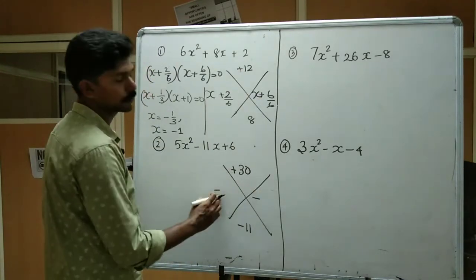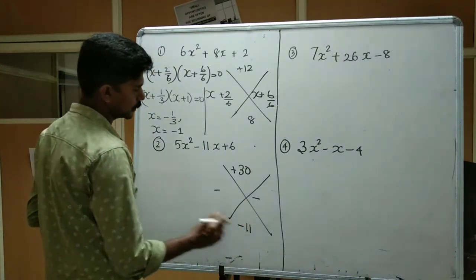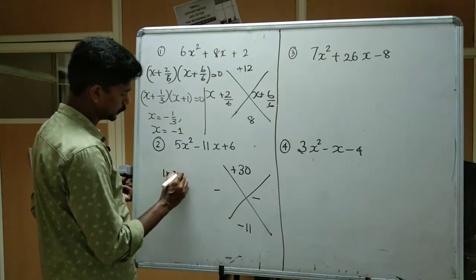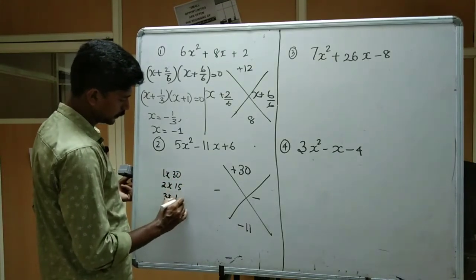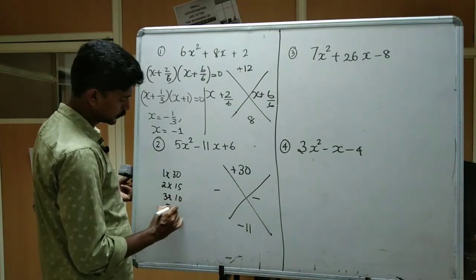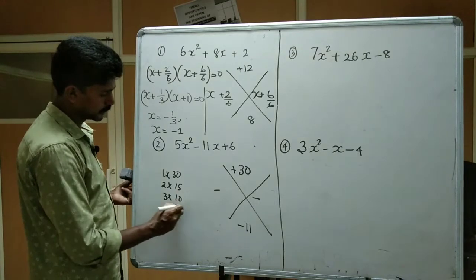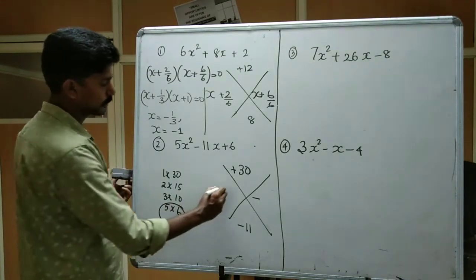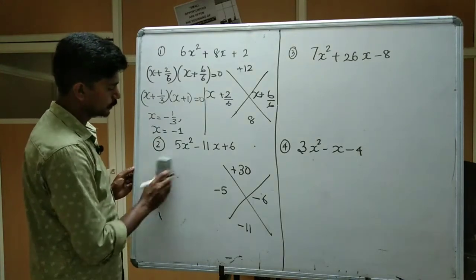So we are searching for two negative factors. The factors of 30 are 1 into 30, 2 into 15, 3 into 10, 5 into 6. Which one gives 11? 5 and 6. We can write minus 5 and minus 6.